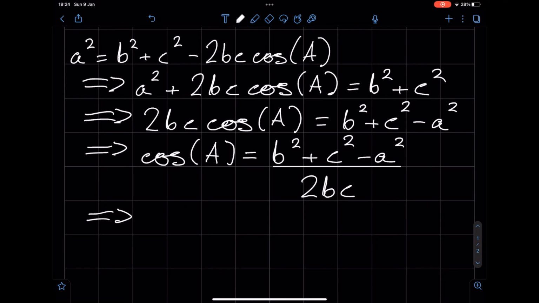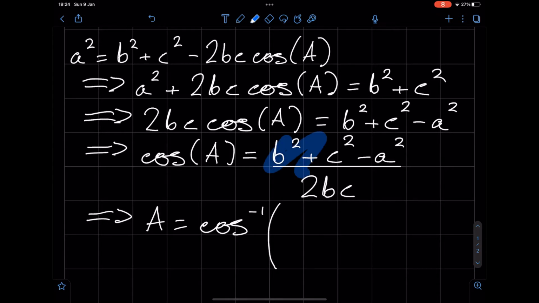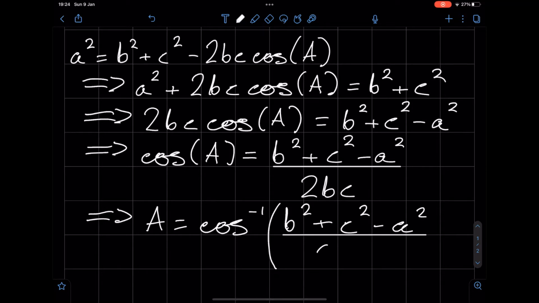You'd need to do the inverse cosine on both sides. So you do A equals cosine to the minus 1 of everything here on our right side. So that's b squared plus c squared minus a squared, all divided by 2bc.